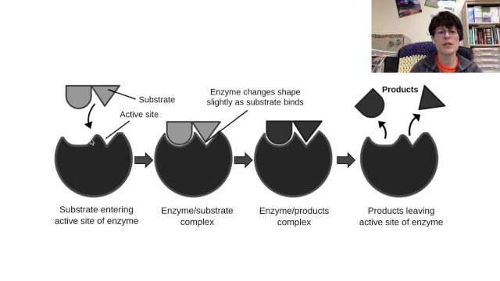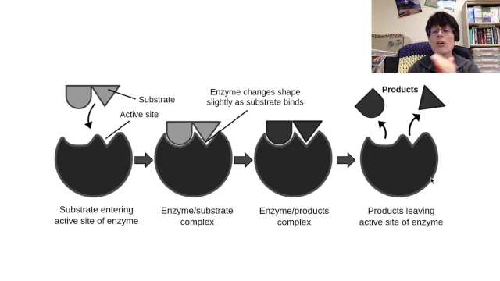So a substrate enters the active site of an enzyme. Here, the enzyme changes shape slightly as the substrate binds. So we have an enzyme-substrate complex. What happens is because it changes shape a little bit, it breaks the bond. So the enzyme-product complex here, and products are produced leaving the active site of the enzyme.